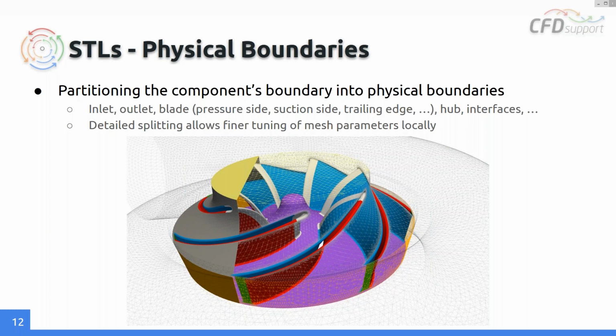It is not compulsory, but it can be an advantage. For example, we can split the blade into 4 parts: leading edge, trailing edge, pressure side, and suction side. Then we will be able to really play around with the mesh parameters in the setup.